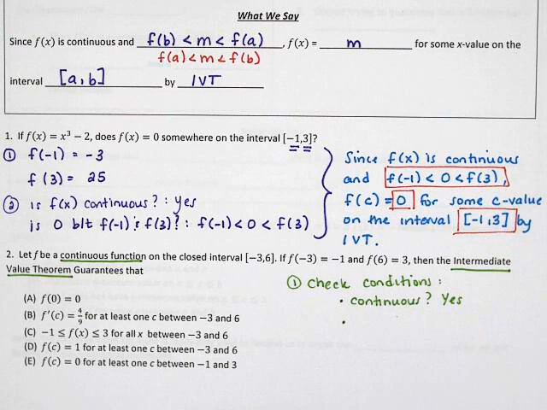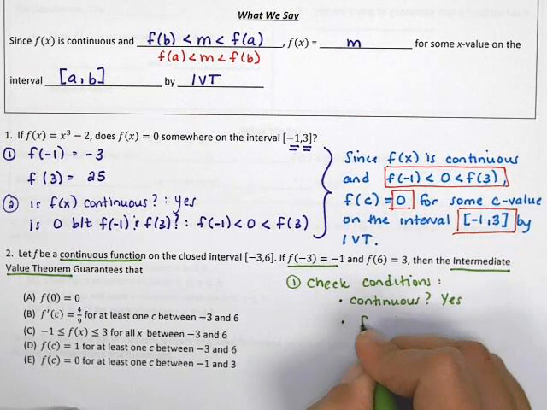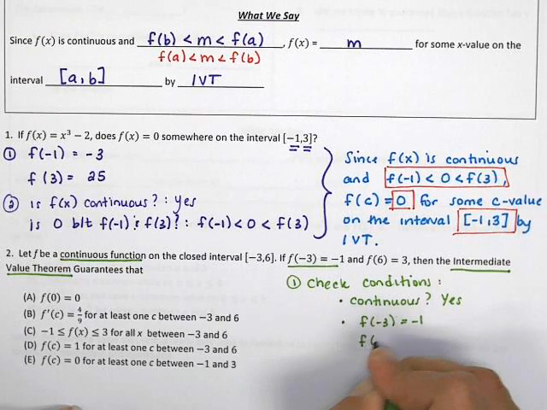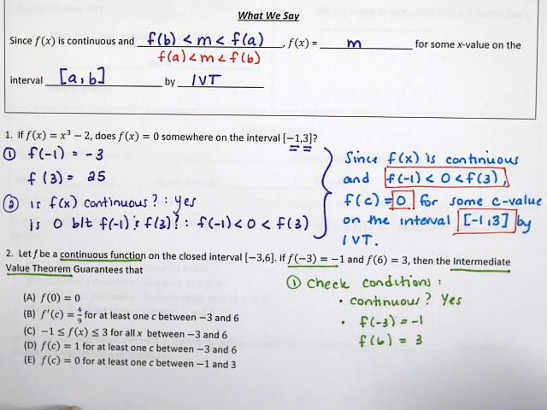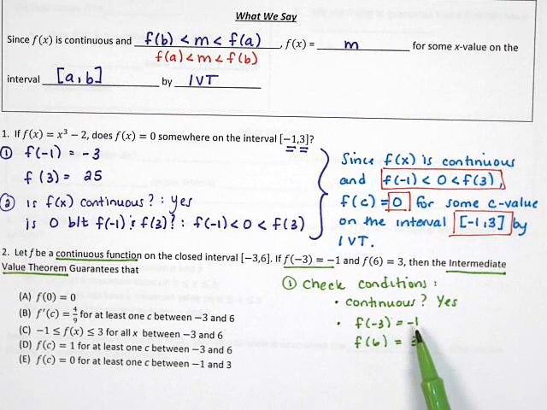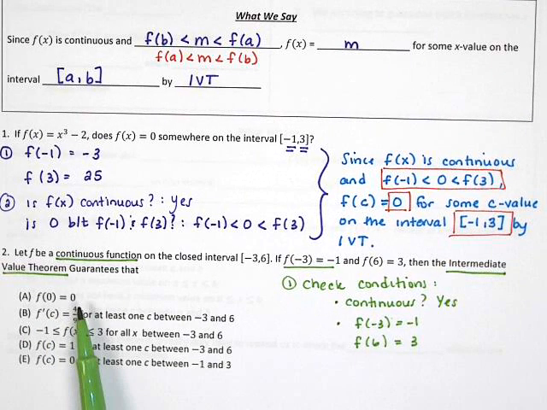The second thing is that you need to check your end values, which they give us here. F of -3 is equal to -1, and f of 6 is equal to 3. So we can guarantee f of x equals any number in between. So let's see if any of these say that. The first one says f of 0 equals 0.